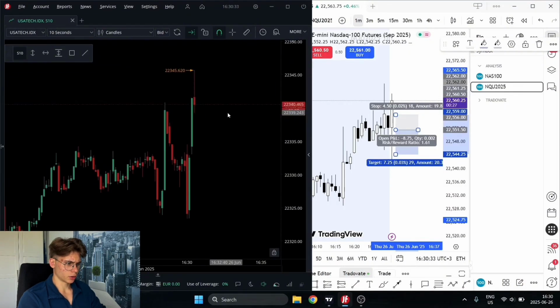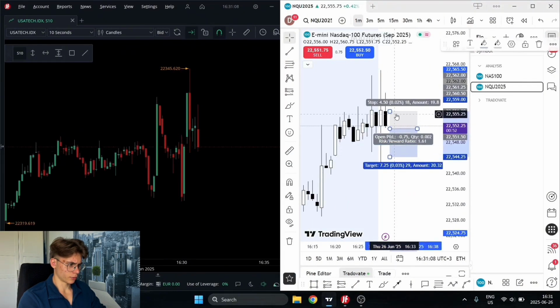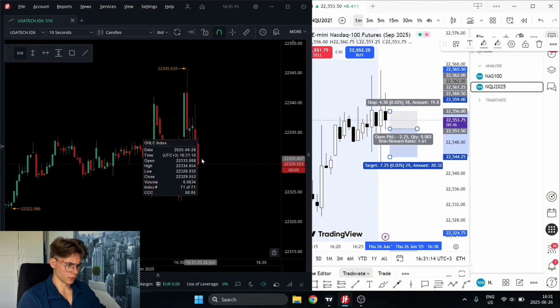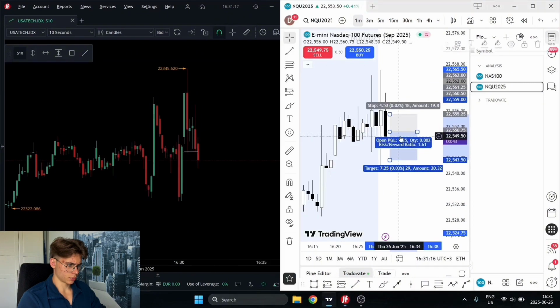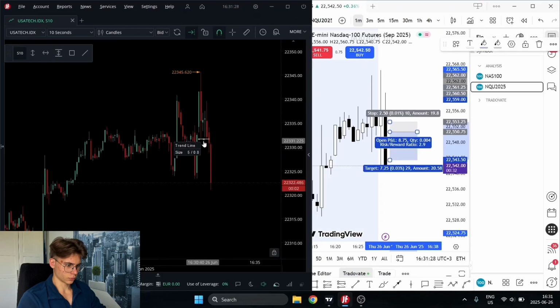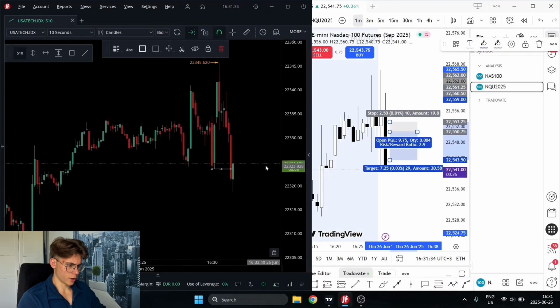Right now we went even further. Yes, we have a market structure shift right here. Yes, we need a pullback. Yes, our model still makes sense. Yes, a pullback.